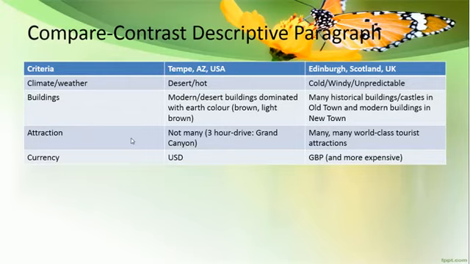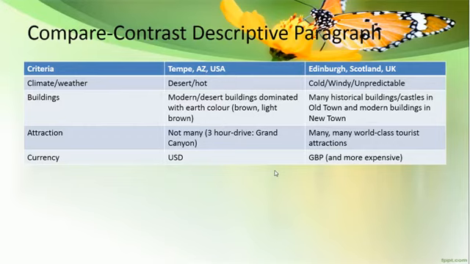It is important to remember that perhaps we have this list or this table, but the contents of this table do not all have to be in the paragraph. So as necessary. Remember that a good descriptive paragraph should be detailed.